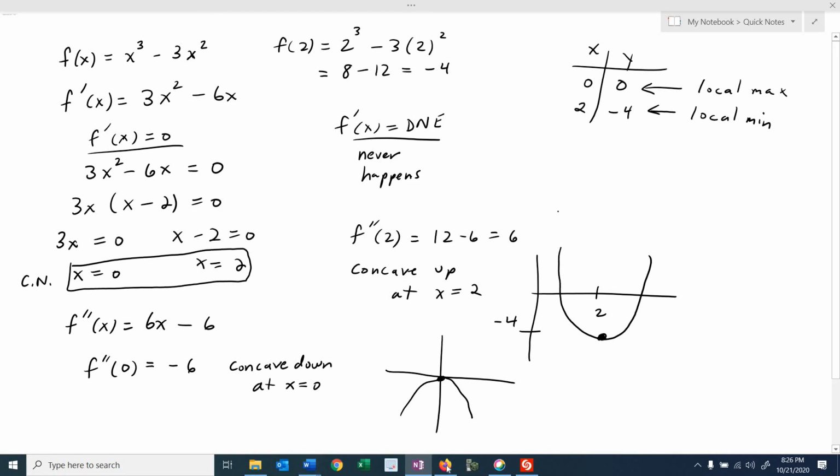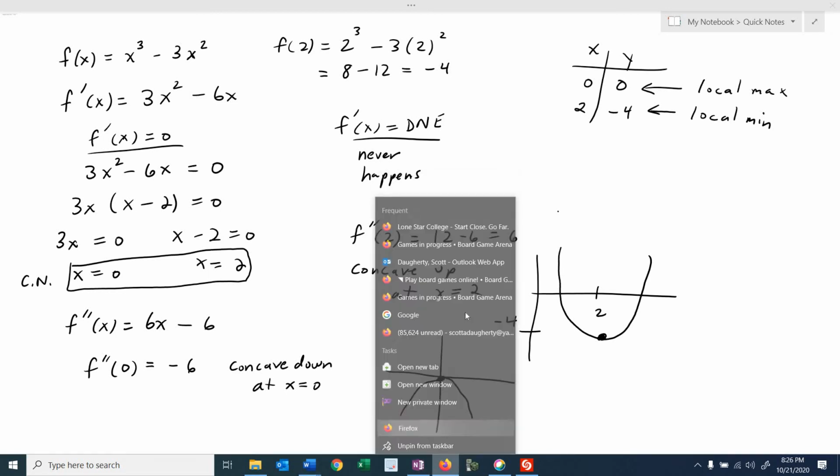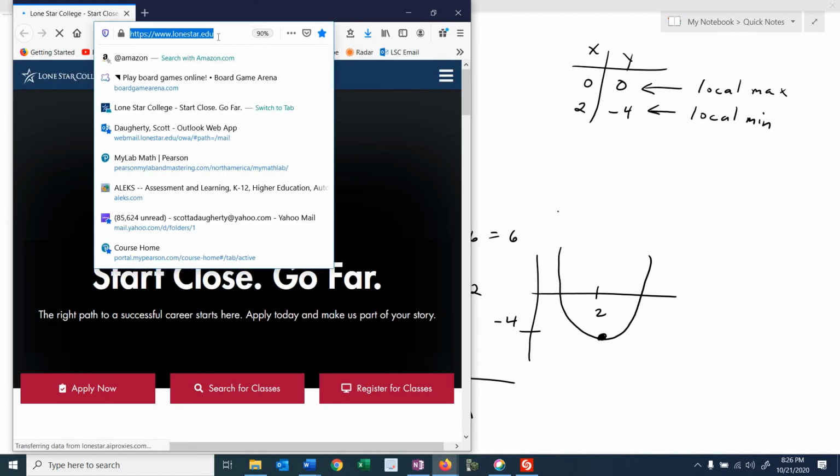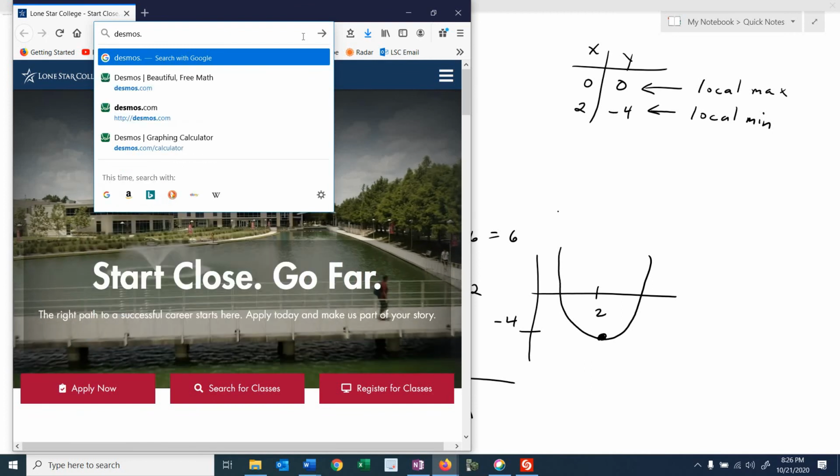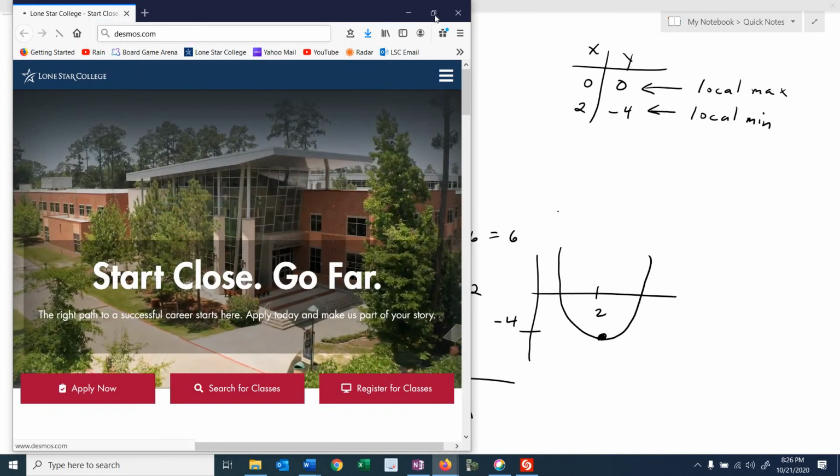Having said that, you can check this by going to desmos.com, which is an online graphing calculator.